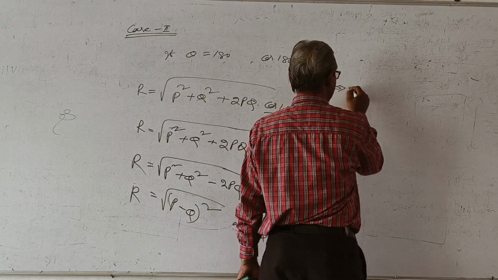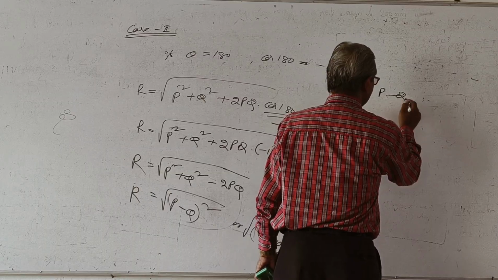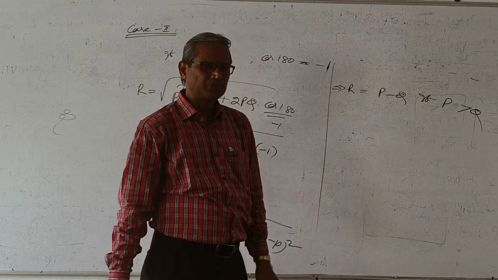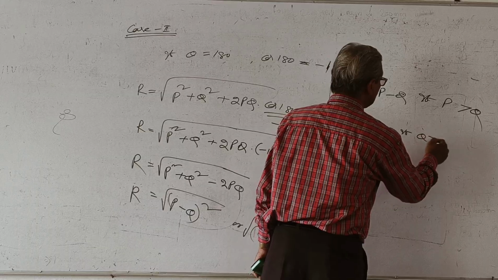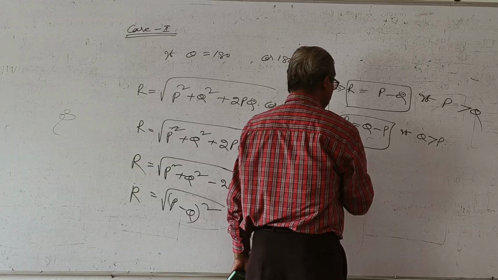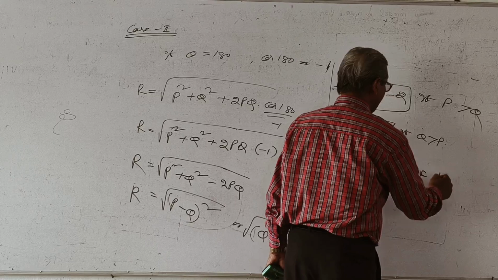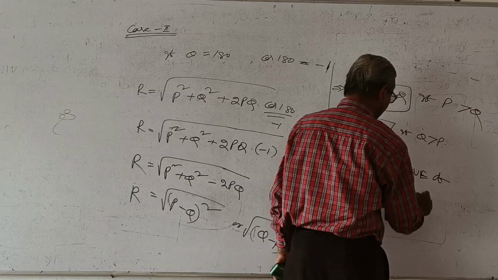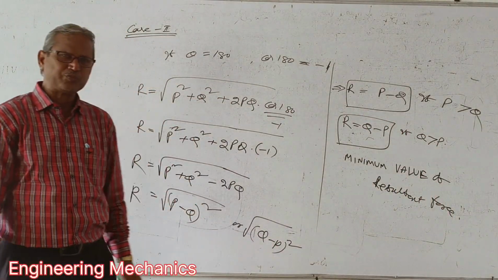This implies R is equal to P minus Q if P is more than Q, and R is equal to Q minus P if Q is more than P. This is the minimum value of the resultant force.